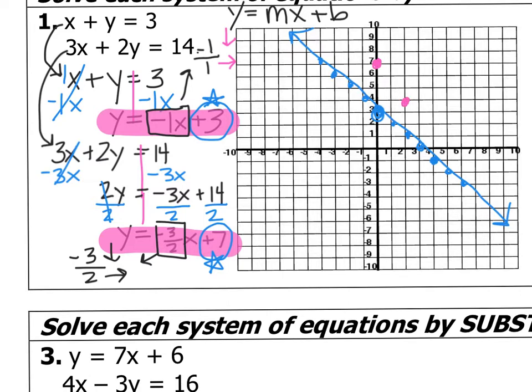Then I have to do the same thing again. From that dot, I'm going to go down 1, 2, 3, and to the right 1, 2. There's my next dot. And then from there, go down 1, 2, 3, to the right 1, 2.